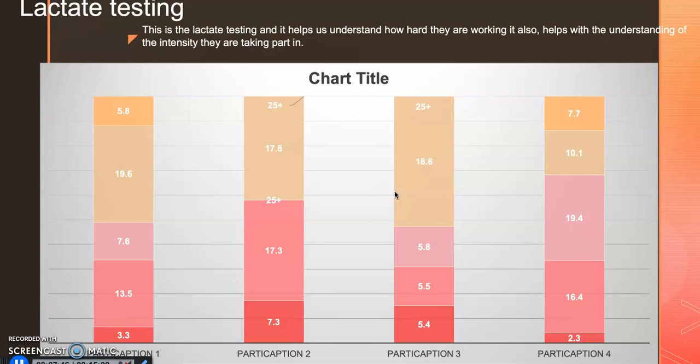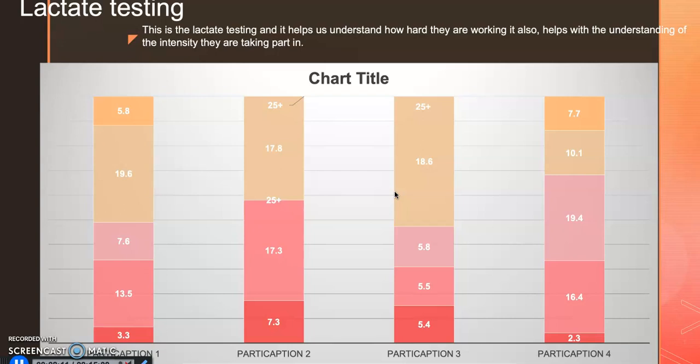This is because of how high their lactate was and how optimal it was at the end of the game, showing that these might not be as fit as participant 1, whereas participant 4 didn't hit optimal or not as close as what we would have liked. Maybe this is due to him being a lot fitter again.